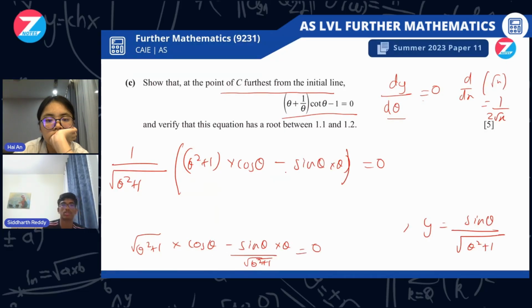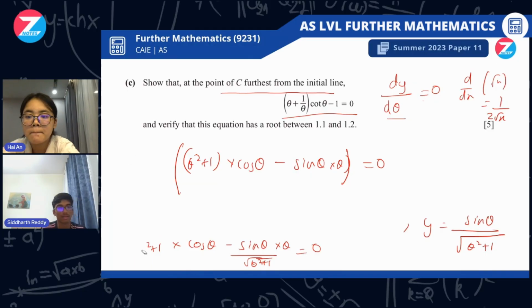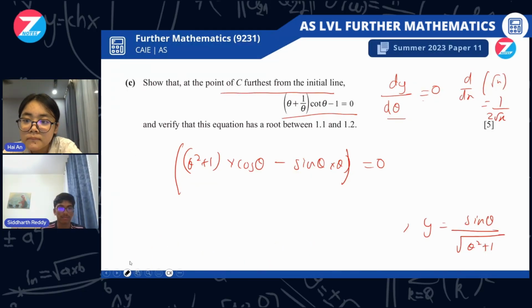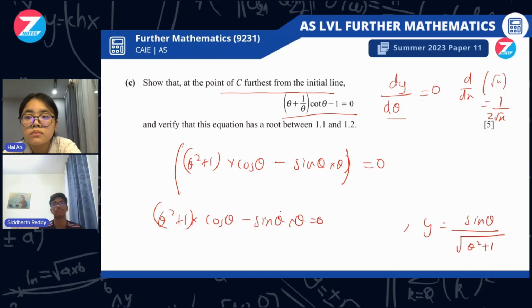So this just becomes 0, so we just divide on both sides and delete it. And we have theta square plus 1 times cos theta minus sin theta times theta is equal to 0.